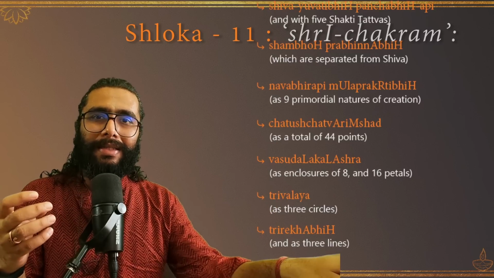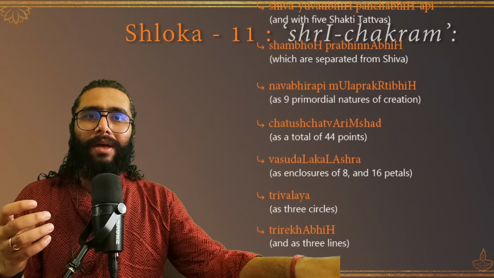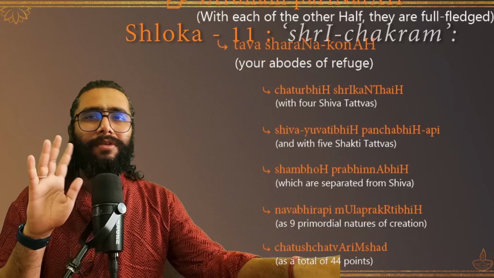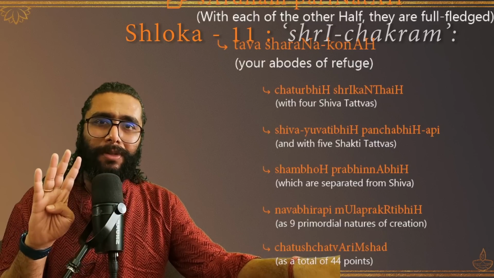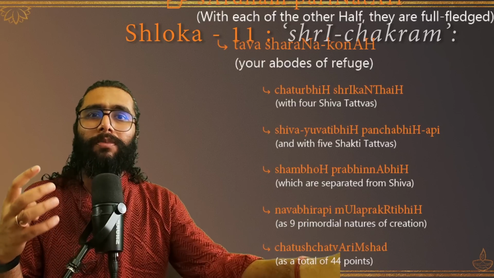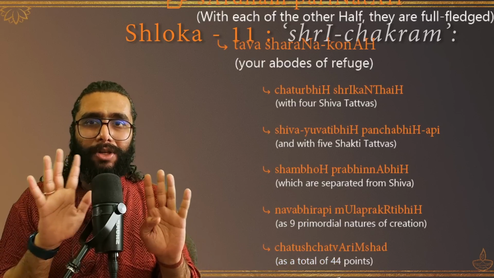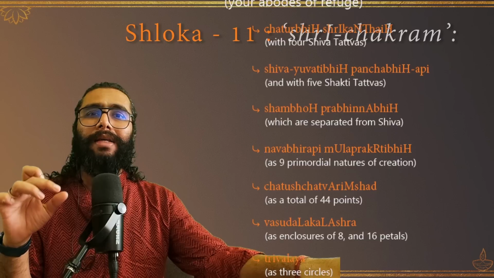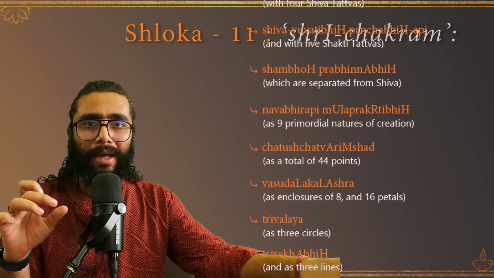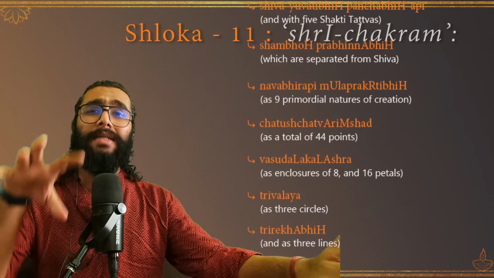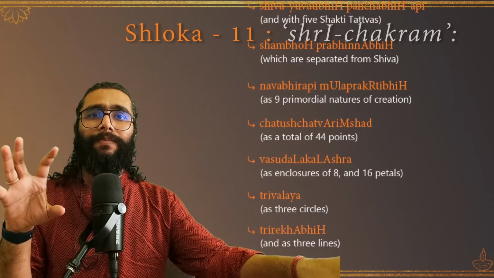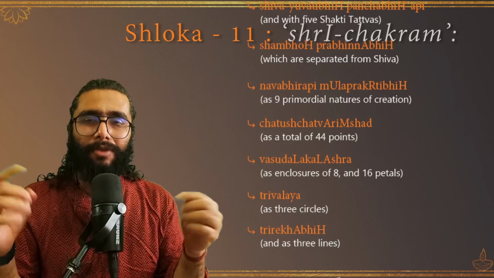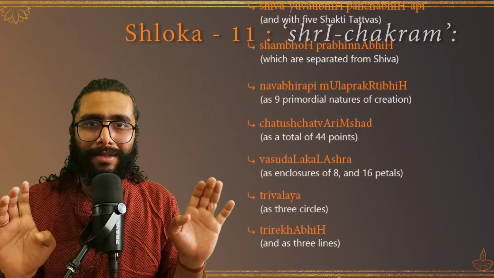In this kind of arrangement, there are 4 principles of Shiva and 5 principles of Shakti, which have come together to form 9 primordial natures of creation and 44 different intersecting junction points, which are surrounded by an 8-petaled enclosure and then a 16-petaled enclosure, and which are then encircled inside 3 circles, all of which are present within 3 lines.